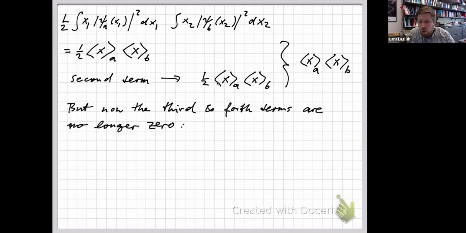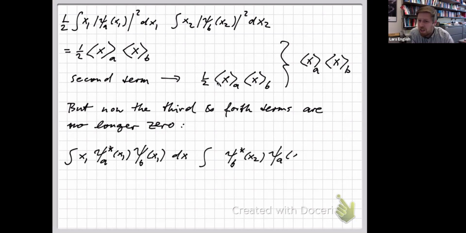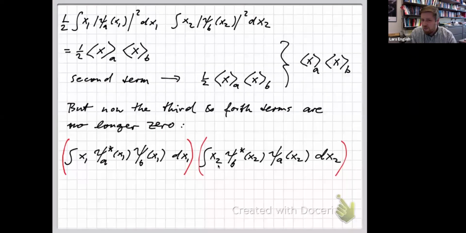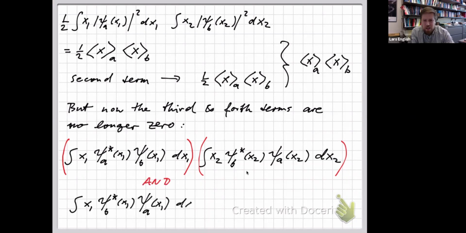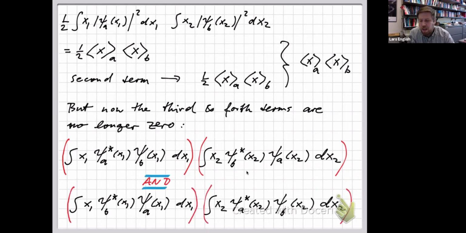So the third and fourth terms are no longer going to be 0, because the x1 is in that integral and the x2 now is in the second integral. Right, before, we were missing that x2 in here, and so then we could say this whole integral is 0. But now we can't, because the x2 is actually in there, and the x1 is in here. Okay, so nothing goes to 0 here, and the fourth term will give you something very similar.